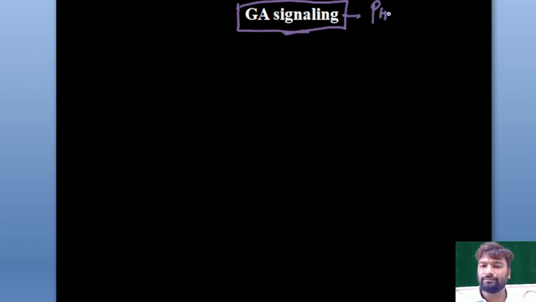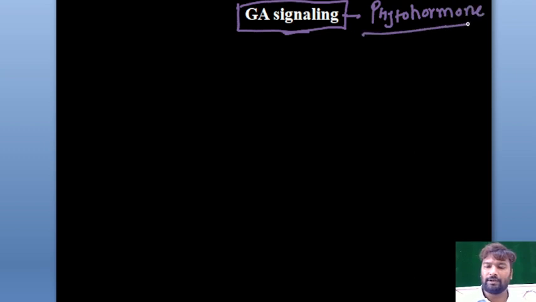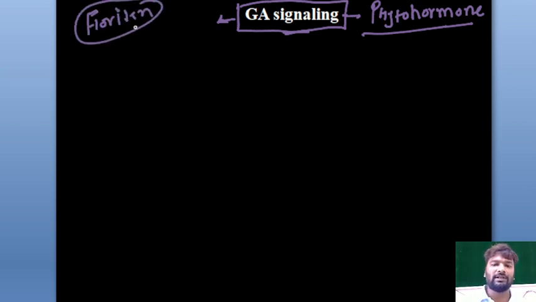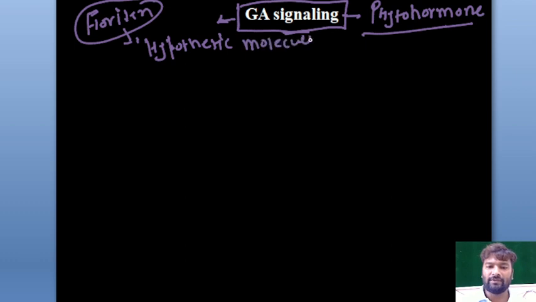Next, there is GA signaling, and GA is a hormone. And you know that in the florigen theory, the hypothetical molecule given by Chailakhyan is gibberellin plus anthesin.